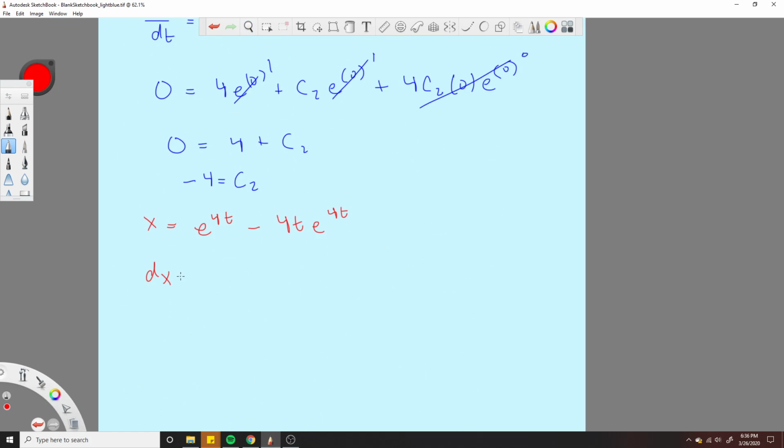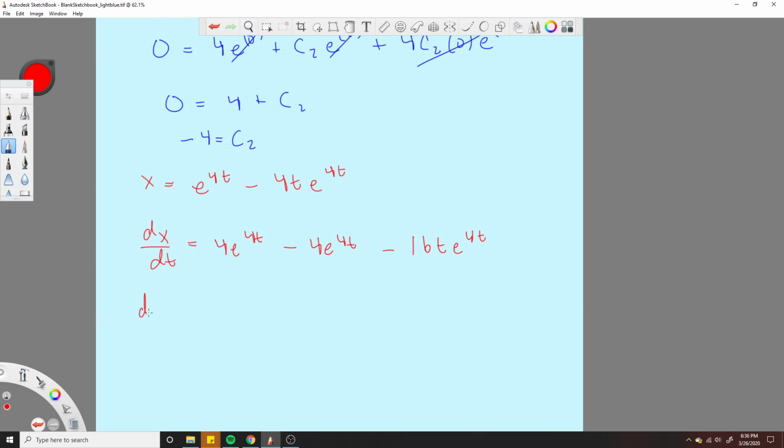So dx/dt, I'm going to do this real quick, e to the 4t minus 4e to the 4t minus 16t e to the 4t. Okay. That's dx/dt. d2x/dt2 is equal to 16e to the 4t minus 16e to the 4t.